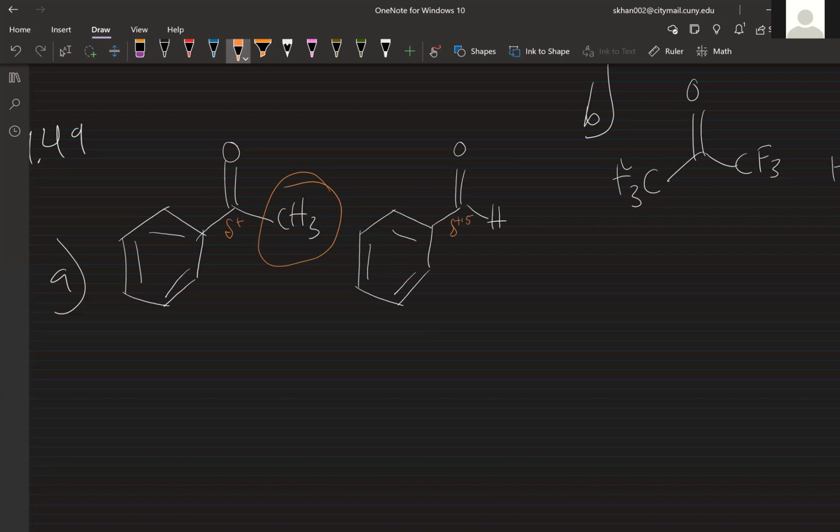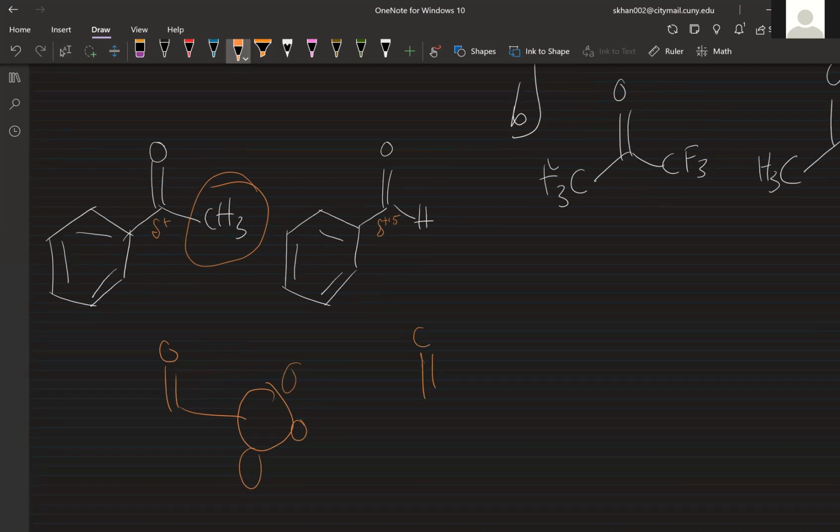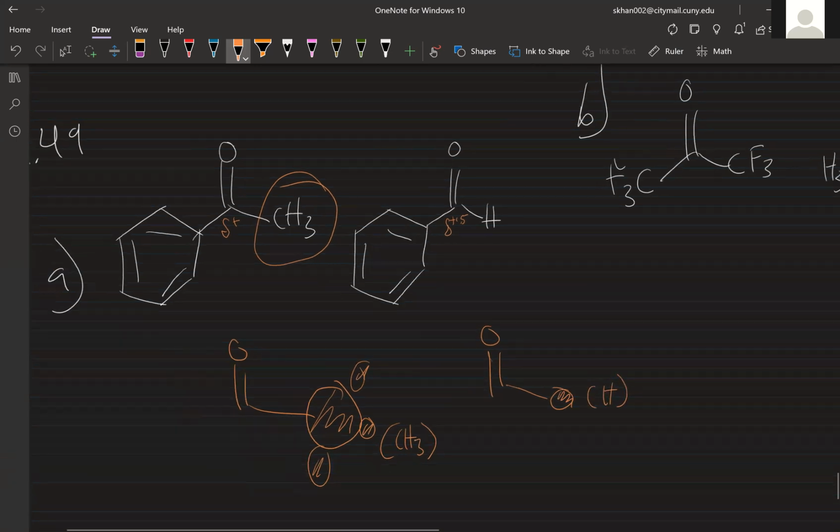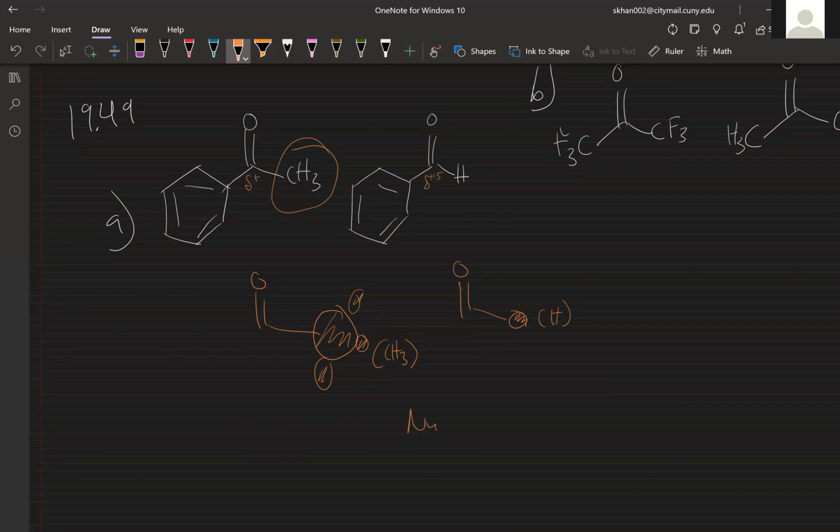And then the other way you could look at it is in terms of electron density. The phenyl groups are the same on both, so you don't really compare that side. Here these are the clouds of electron density, this is the CH3, and this is your H. A nucleophile trying to attack this going one way is going to have to get past that giant cloud of electron density.